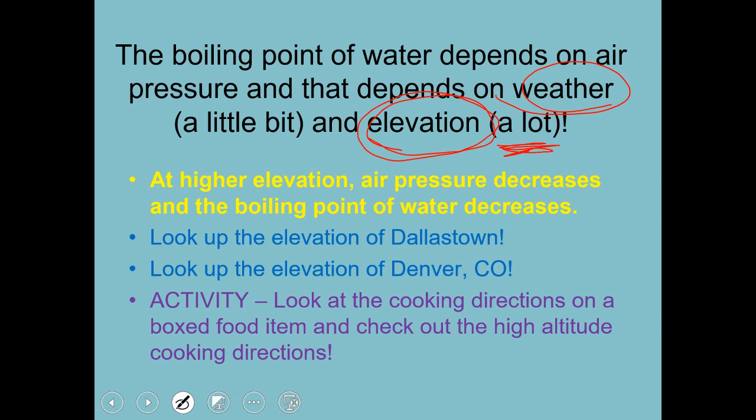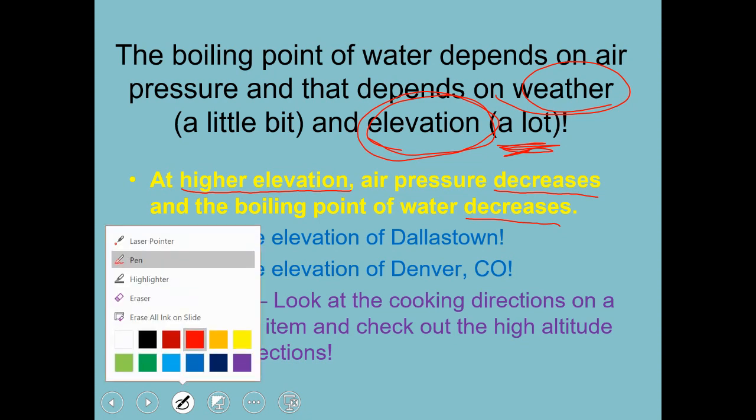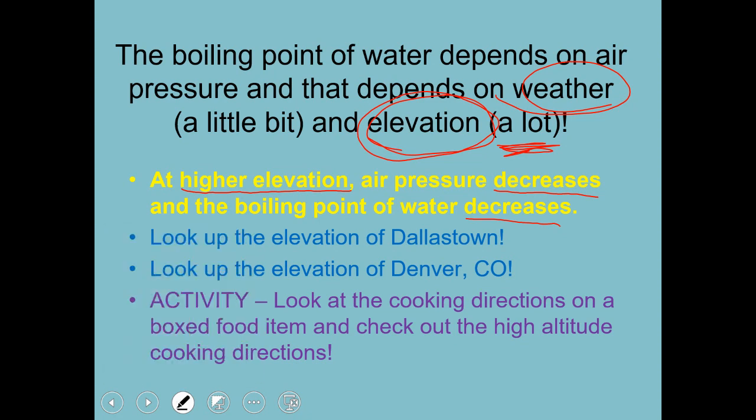And so water only boils at 100 degrees Celsius at normal atmospheric pressure. If you go to a higher elevation, then the air pressure is going to be less and the boiling point of water is going to be less. So, you could look up the elevation of Dallastown, okay?